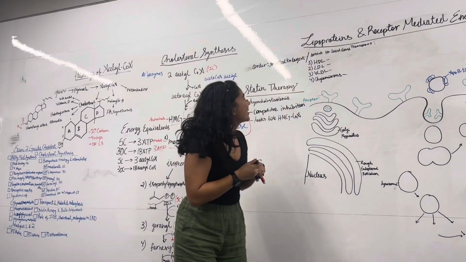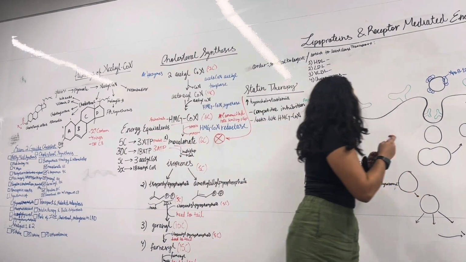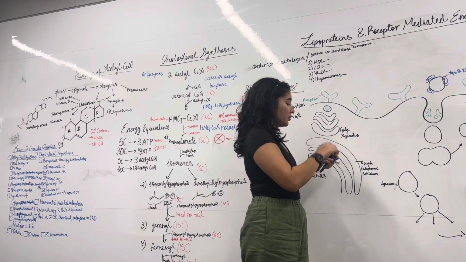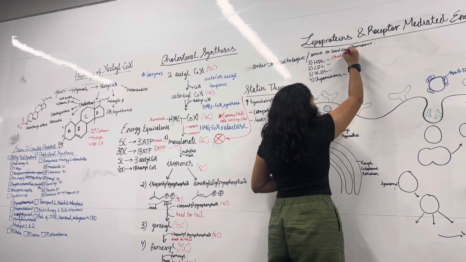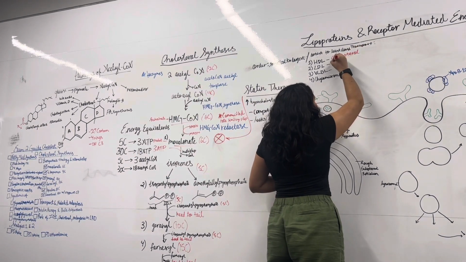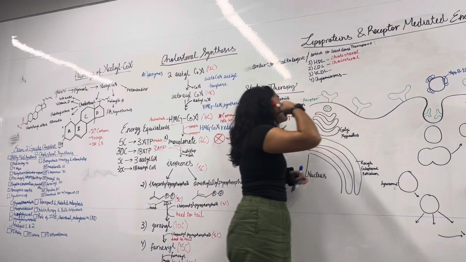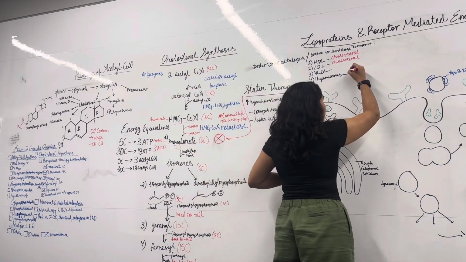Okay, and they transport different things. Your HDL and LDL are going to be your main transporters of cholesterol. And your VLDL and chylomicrons are going to be your triacylglycerols and cholesterol esters.